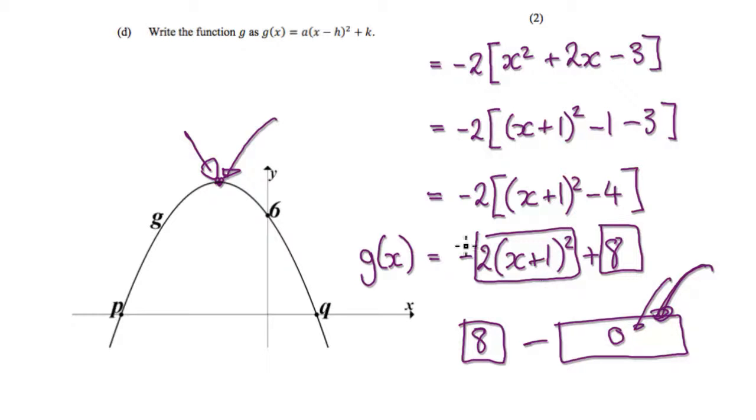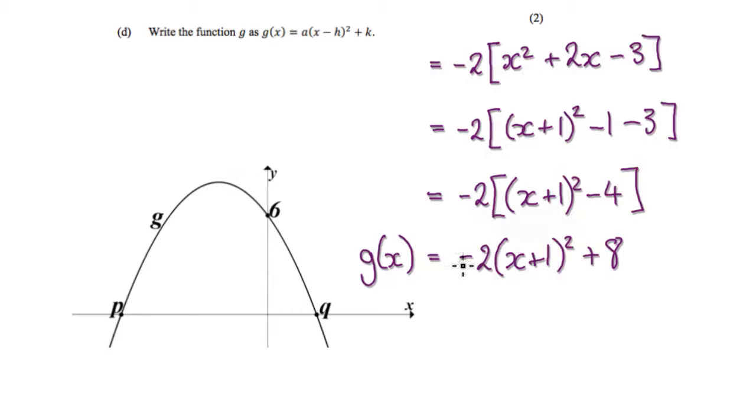Well, if you put a -1 into here, then this whole thing here will be 0. 0 squared will be 0. Times 2 will be 0. If you put a -1 into here, this block here will be 0. So you're taking away 0, which is the lowest number that you can have for this block. So if you're trying to find out the highest point, make this to be as small as possible.